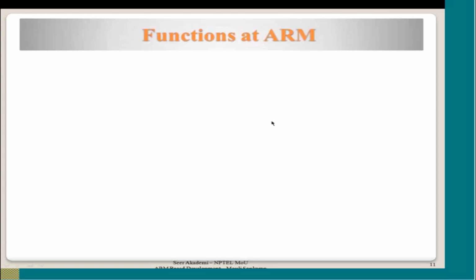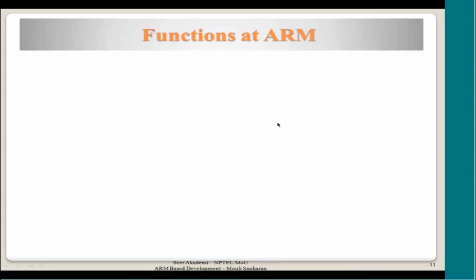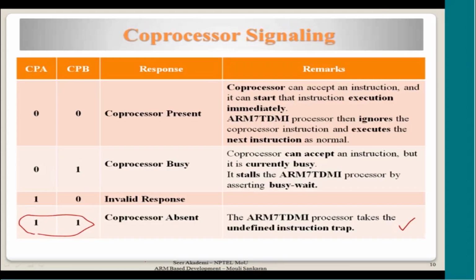Hope you have understood this combination of various things. If a particular instruction is not recognized by any coprocessor, then ARM generates an undefined instruction exception, and it is taken care of by the software.